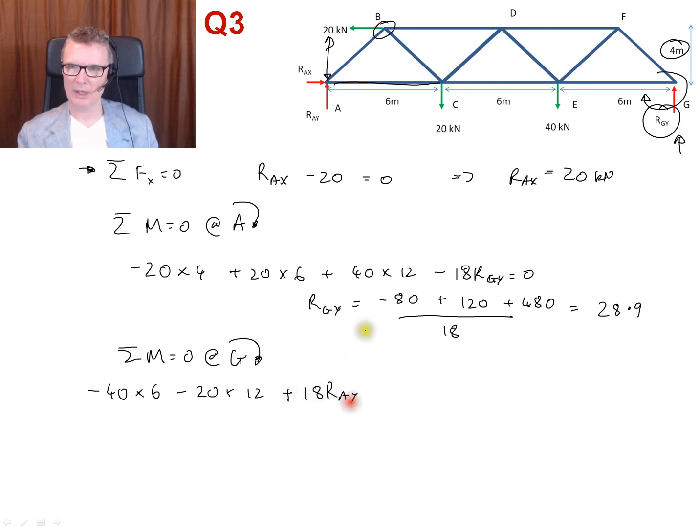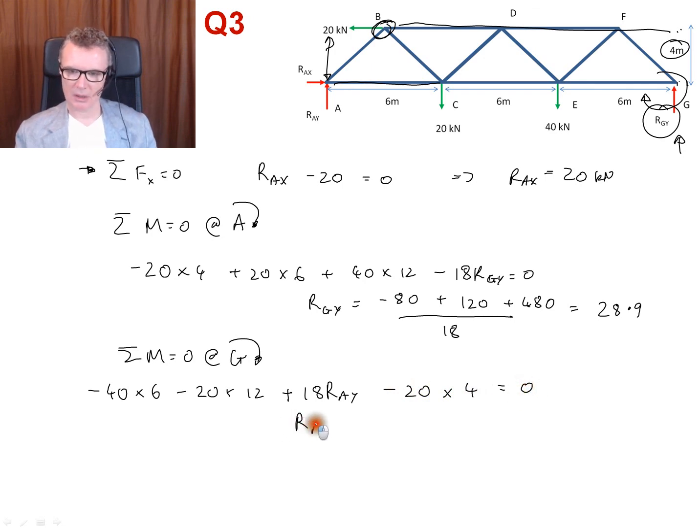Now we've got to work this one out here. So this one we'll take all the way back here, I think. Yeah, that's the way to do it. So which way is that going? That's going in an anti-clockwise sense, distance of 4 meters from here to here. So anti-clockwise, so minus 20 times 4 equals 0.